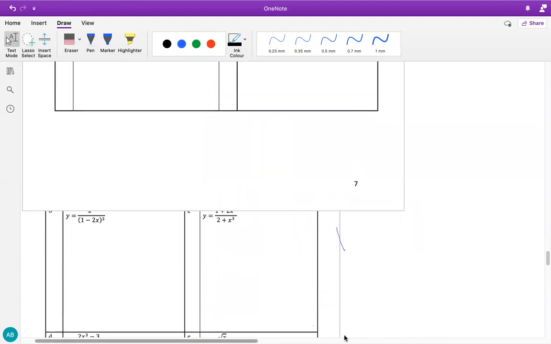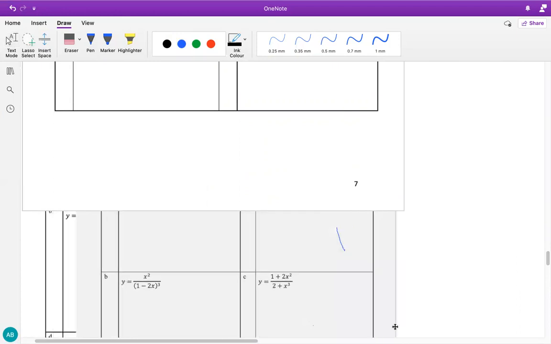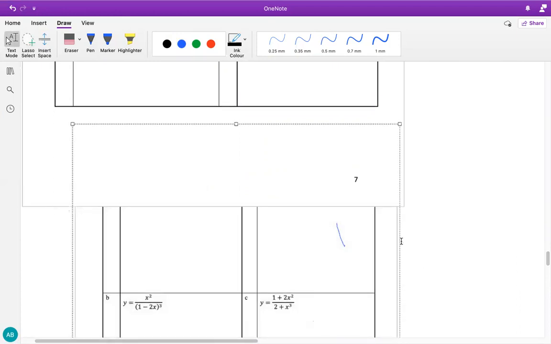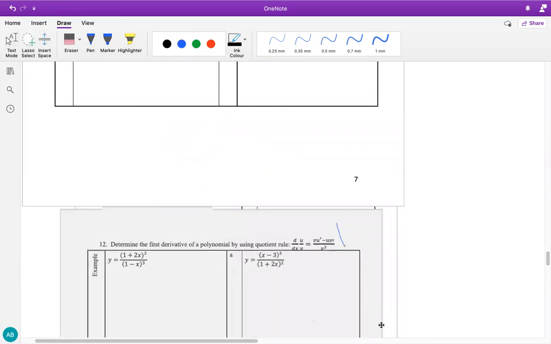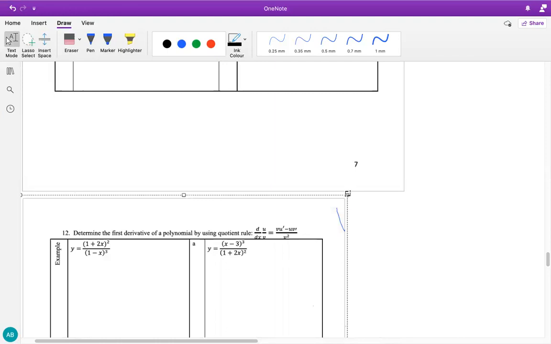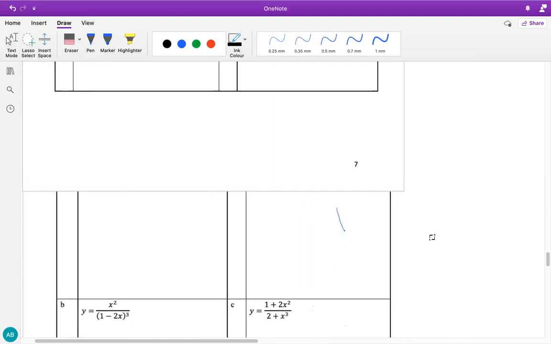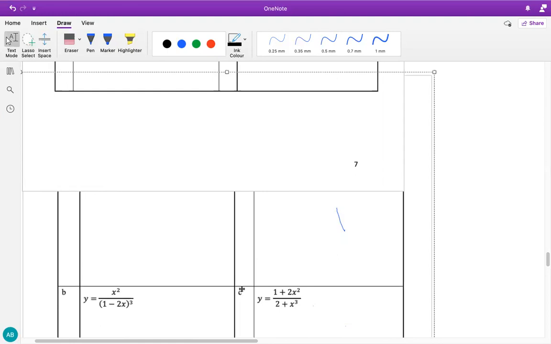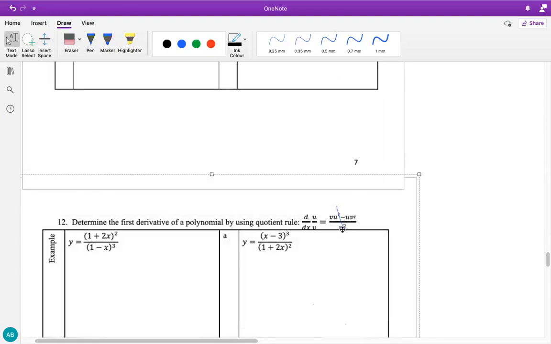Right, so next is quotient rule. Okay, quotient rule.